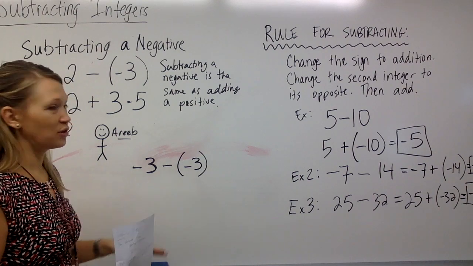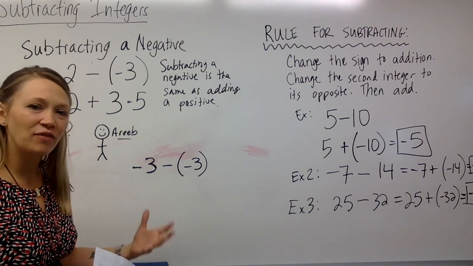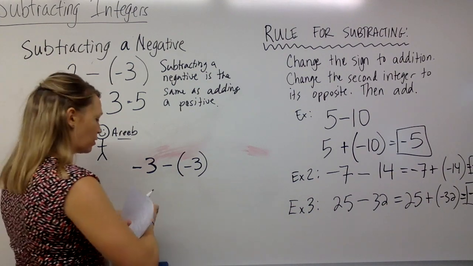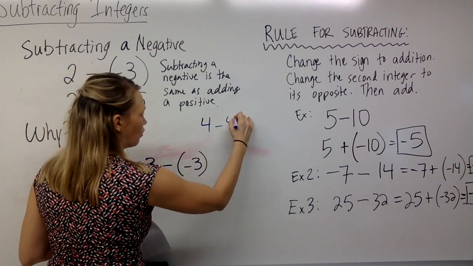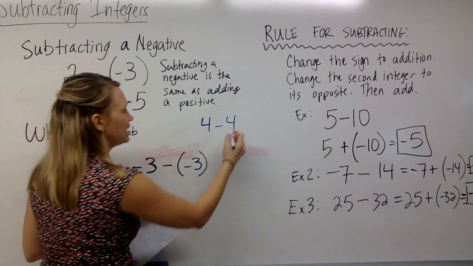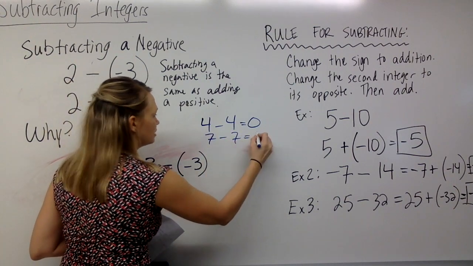If you have a quantity, let's say you have 4 and you take away 4, what does that equal? 0, of course. If you have 7 and you take away 7, 0.